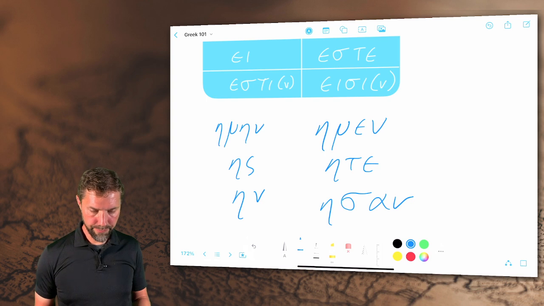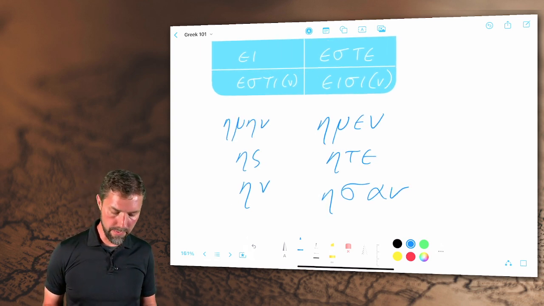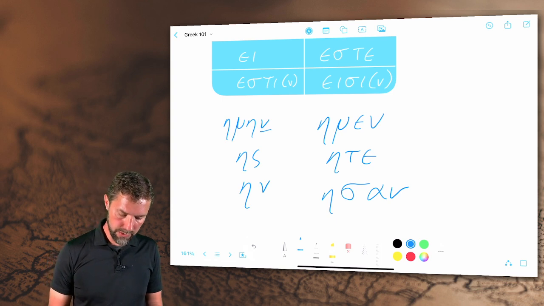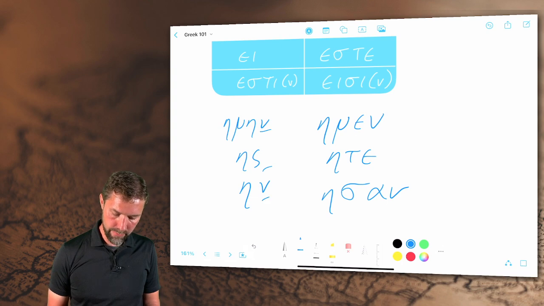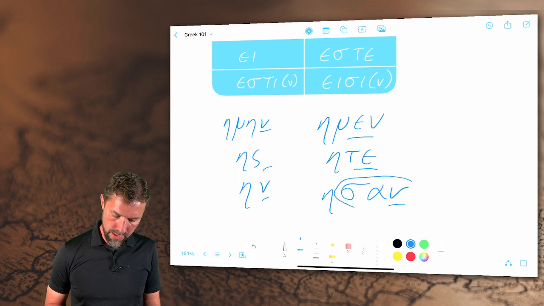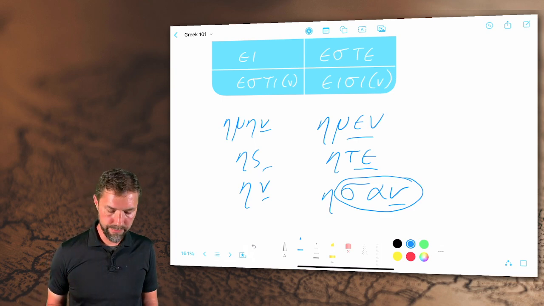Now, you can recognize that there are at least some similarities to things that you've already seen with your secondary active endings: nu, sigma, blank, men, te, nu. You can recognize at least something here. This form right here, the san, I recognize is going to be entirely unexpected.